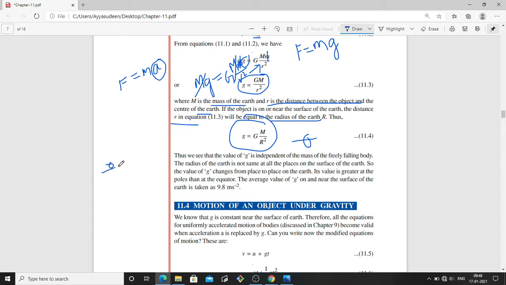If a person or an object is on the surface, there is not much radius for the object itself, so r becomes the radius of the earth, a single entity, and g becomes GM by r square.